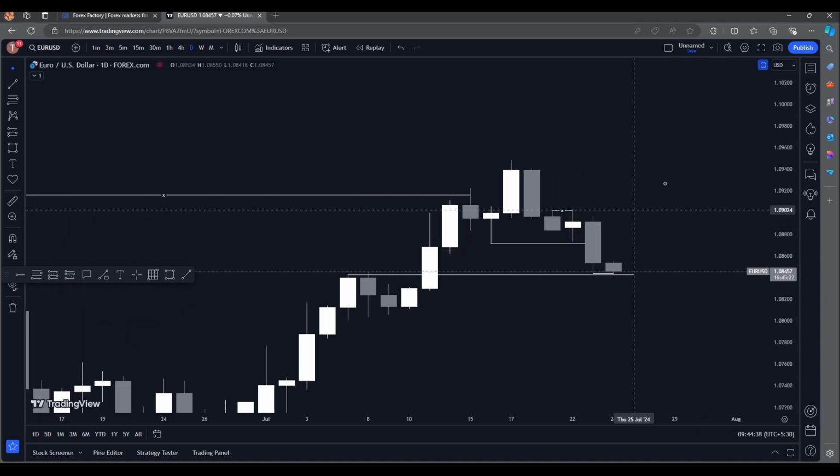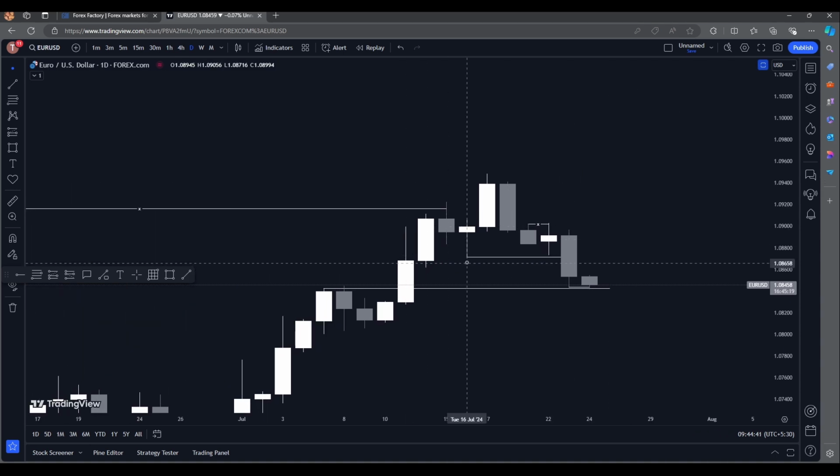So what we can say is this was our invalidation zone because it had broken the high of the previous sweep of the market.